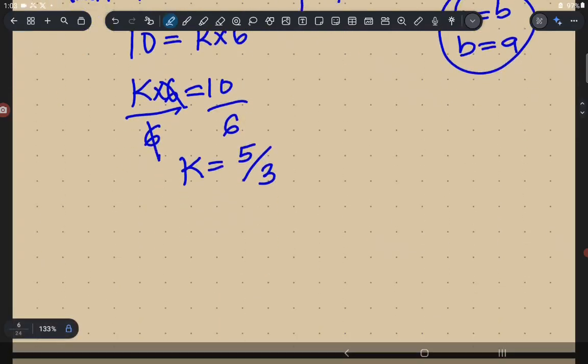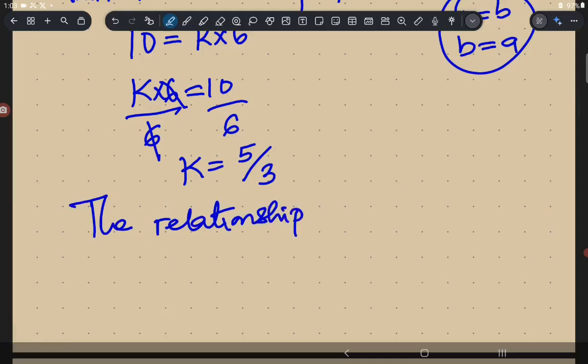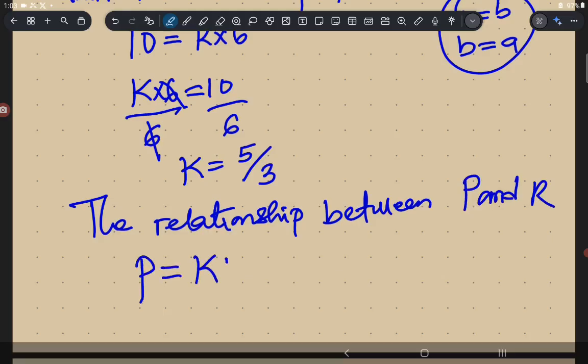But the question wants us to know the relationship between P and R. Since we have gotten the value of K, the relationship is P is equal to KR.